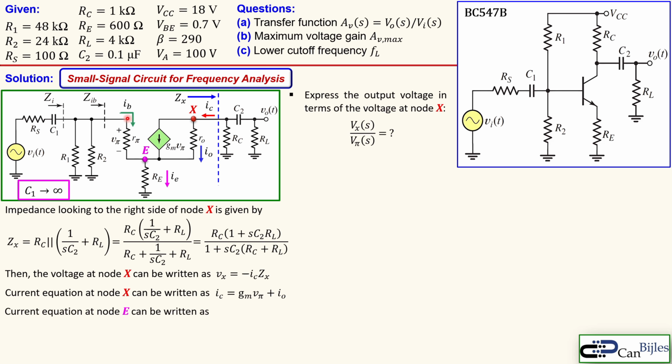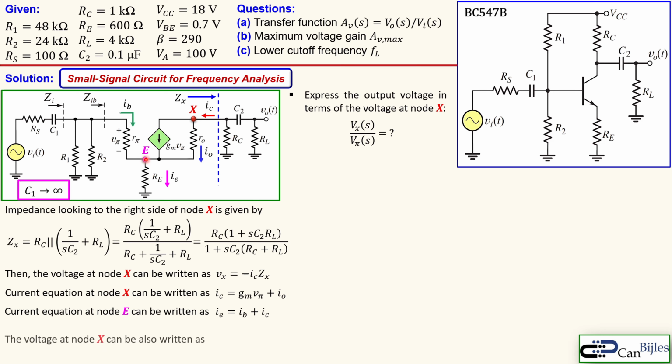So if I now also develop the equation for the current, Kirchhoff's current law at node E, I can say IE, emitter current, is then the base current plus actually the collector current, because these two are the collector currents, which is actually this one.